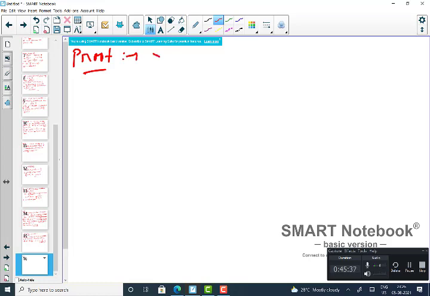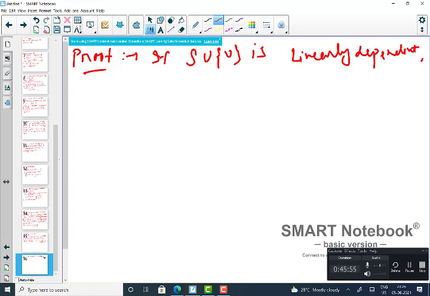So if this S union {v} is linearly dependent, then what happens? Then obviously you can have vectors such that this linear combination is 0, right?